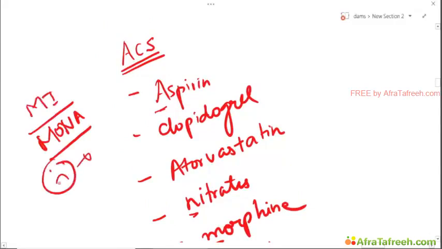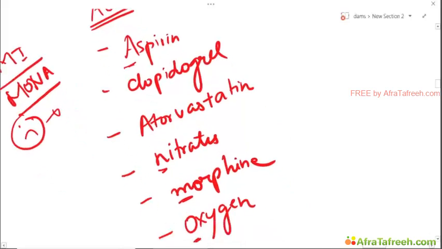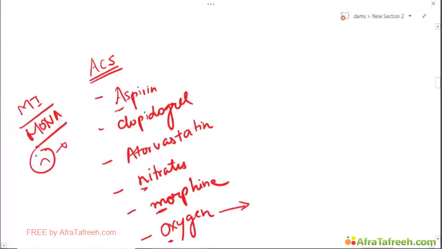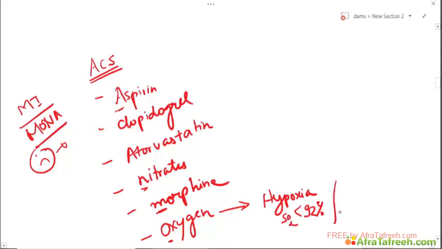But this is not the case. Not all should receive all of the following, as there could be some important contraindications. Oxygen is indicated only if there is hypoxia. Right? If the saturation is less than 92%, only then is oxygen indicated.